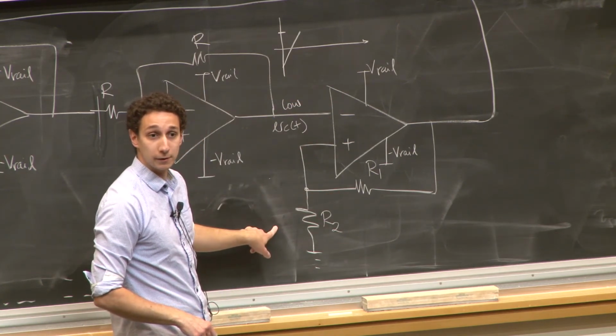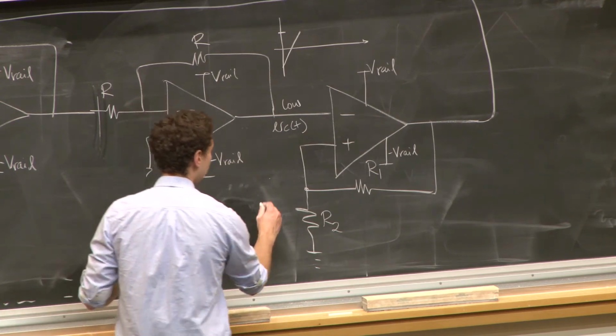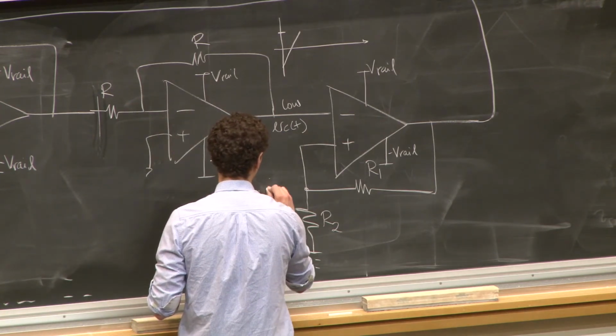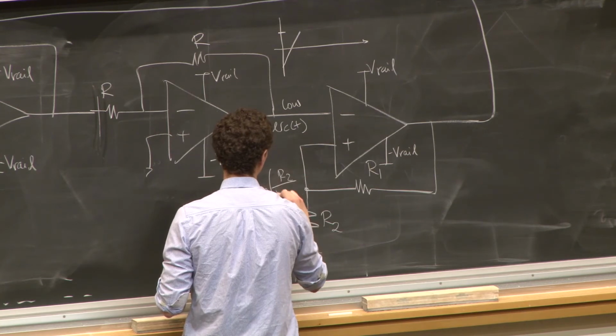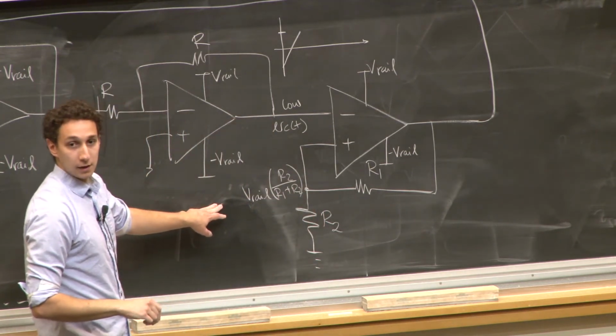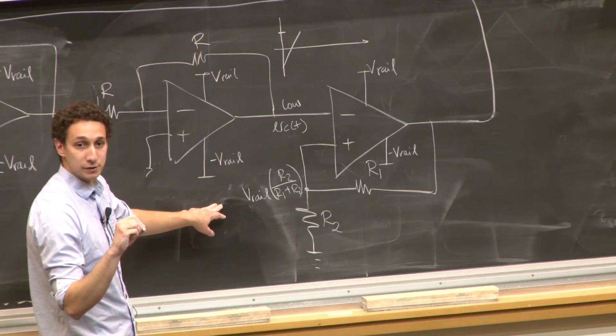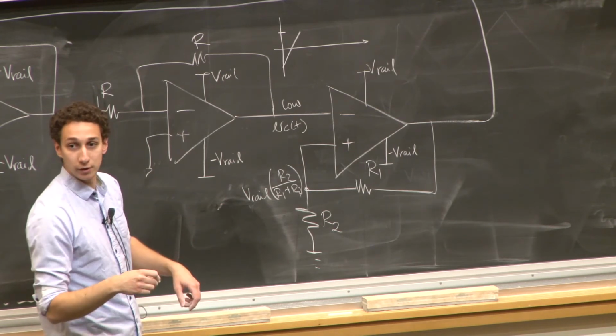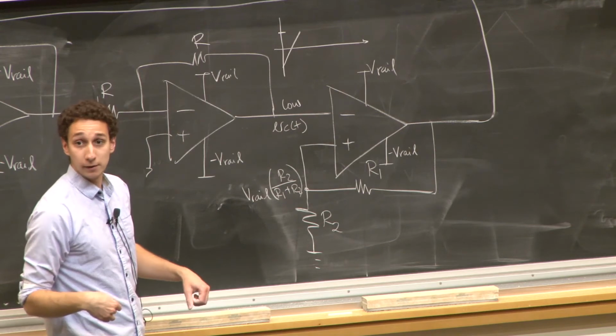It's just a voltage divider, right? So if this is low, this voltage will be V rail times R2 over R1 plus R2. The moment that the negative terminal reaches that point, I switch, and I go to the negative rail.